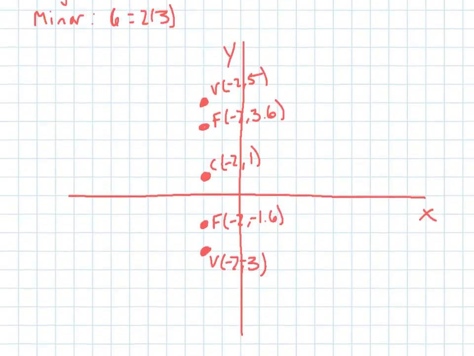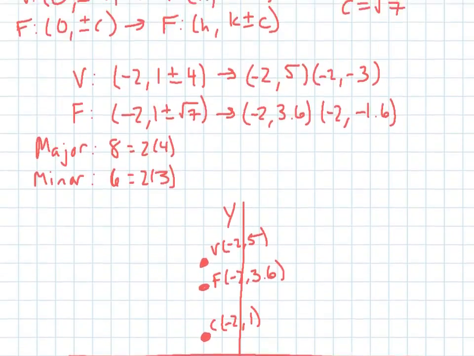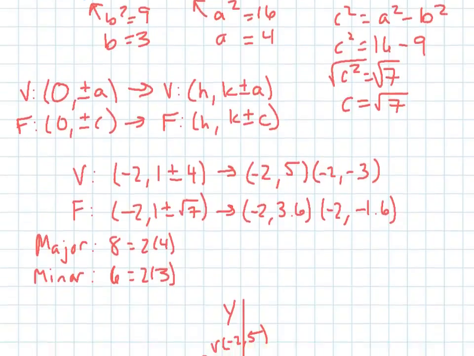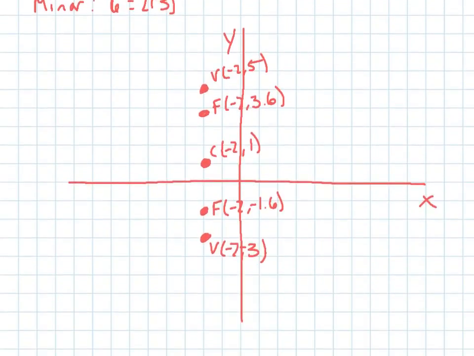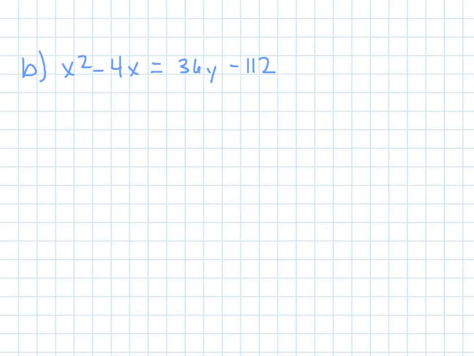Okay, now let's also go out to the right and the left with my b value. You don't have to state those points since they're not on the major axis, but 1, 2, 3 would be to the right, 1, 2, 3 to the left, and then that helps me get my shape for my ellipse, and that's my picture. Okay? Let's move on to the next picture.